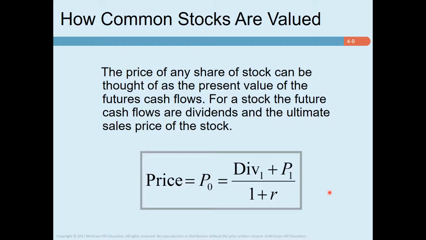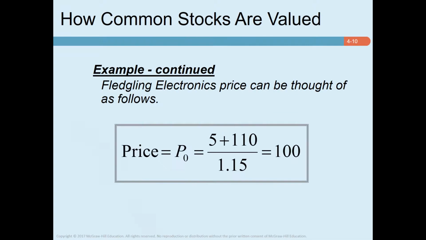You should calculate the value of a stock as the present value of the dividend that you expect to receive next year and the price at which you expect to sell the stock at the end of year 1. So here you can see the price of a stock is the dividend that you expect to receive in year 1 and the price at which you expect to sell it at year 1, divided by 1 plus discount rate.